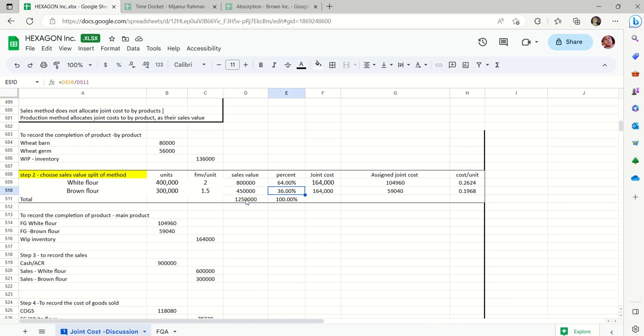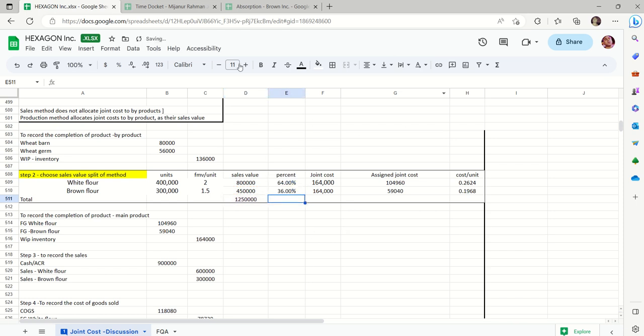The same way we would calculate the other. So I could show this to you here if that helps you. These 800,000 divided by 1,250,000 is 64%. And then we divide 450,000 by 1,250,000.